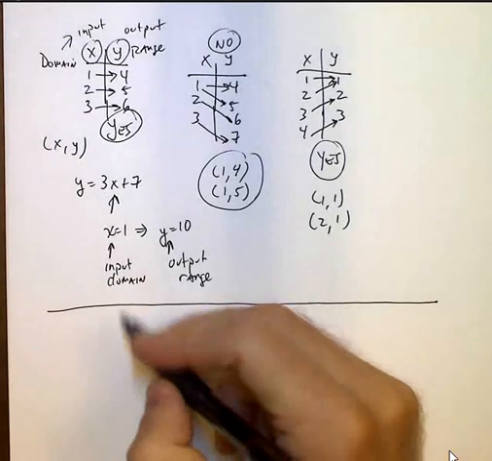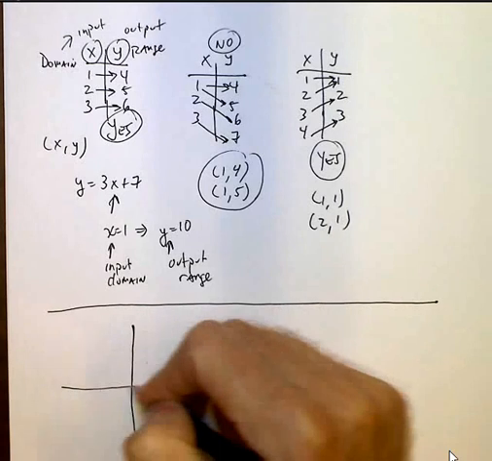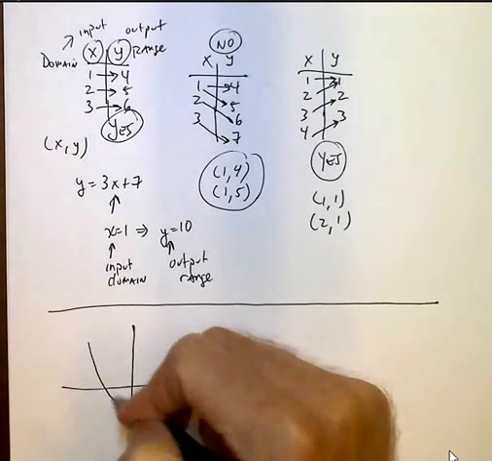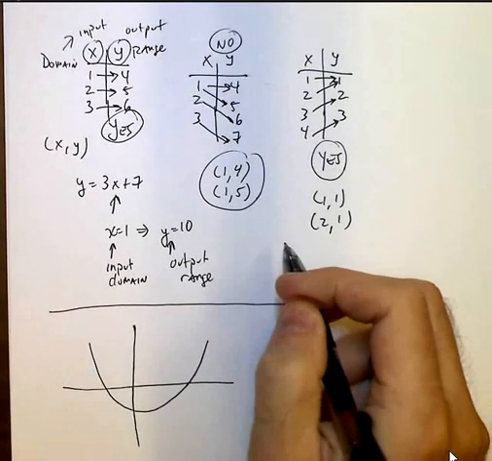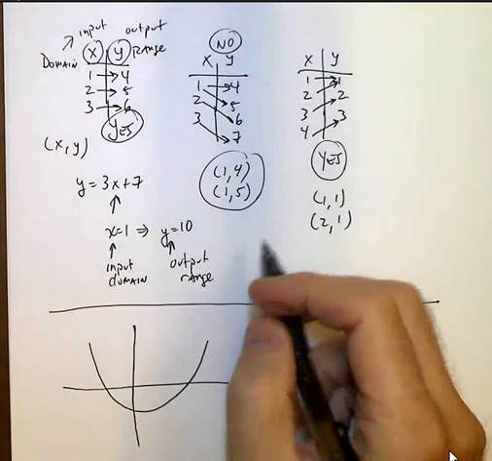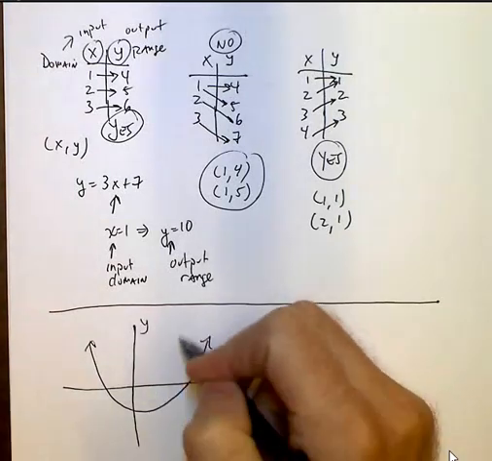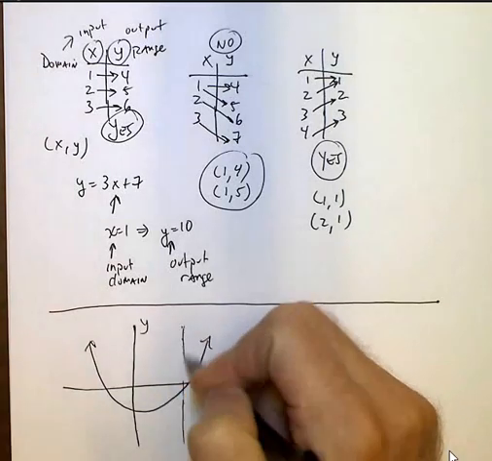One of the things you can do to determine whether a relation is a function is you can graph it. And if you graph it, you can run what's called the vertical line test. In the vertical line test, you basically do this. If this is my function, on the x and y-axis, you run a vertical line through the function.